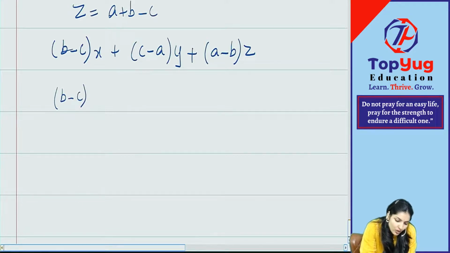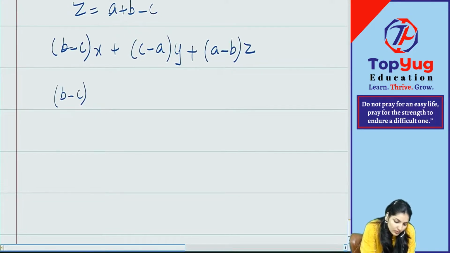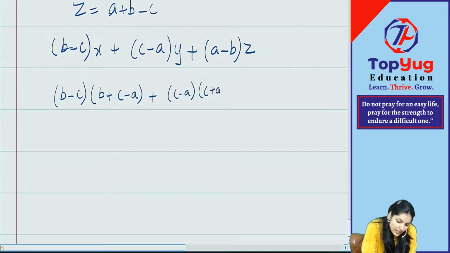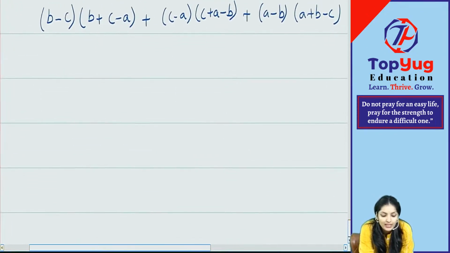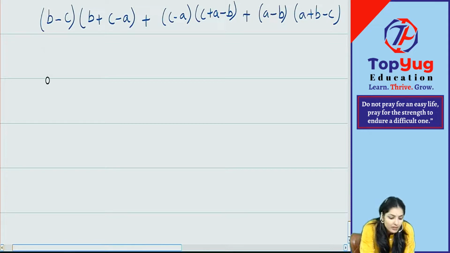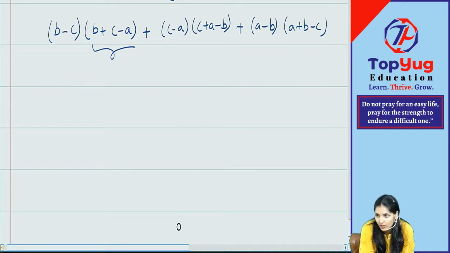So what is the value of x? b plus c minus a, plus c minus a into c plus a minus b, plus a minus b into a plus b minus c. Listen carefully. We will multiply each and every term at once. I am starting with b. b I will multiply with all three, and then c I will multiply with all three.